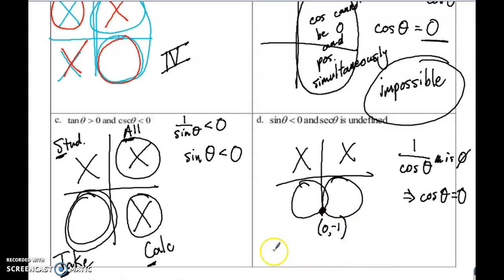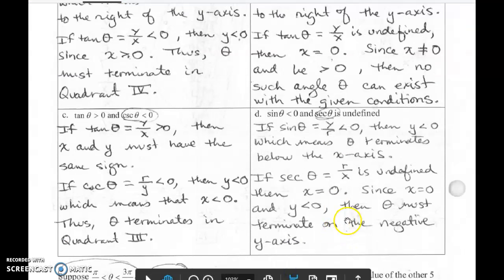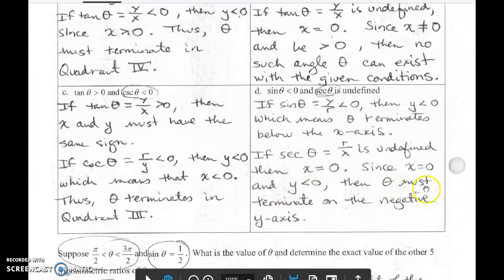So this occurs on the y-axis. And you could even mention the negative side of the y-axis. I'm actually interested to see what he says on that answer key, so I'm going to pull that up. Whoops. I don't know what I just did. Theta must terminate on the negative side of the y-axis. Yeah, something like that. And then this last problem.